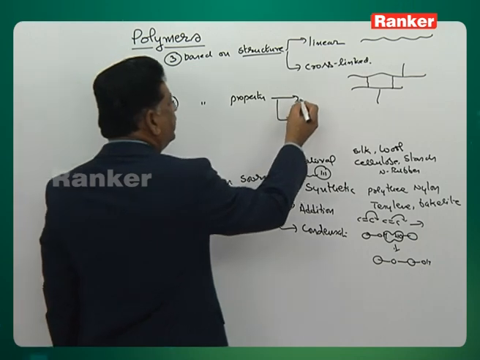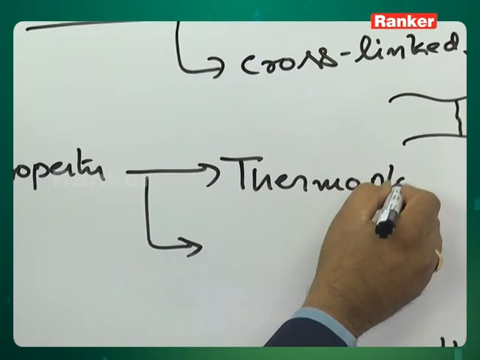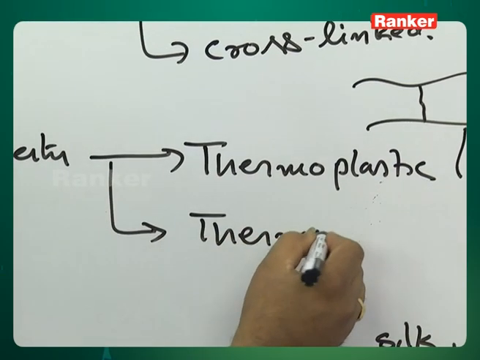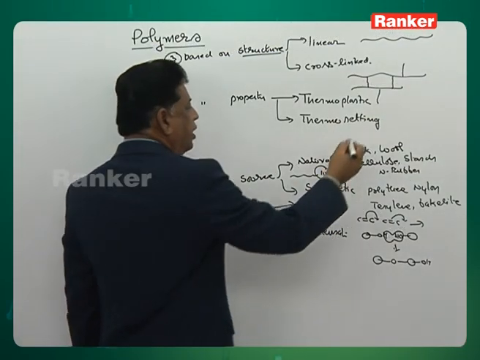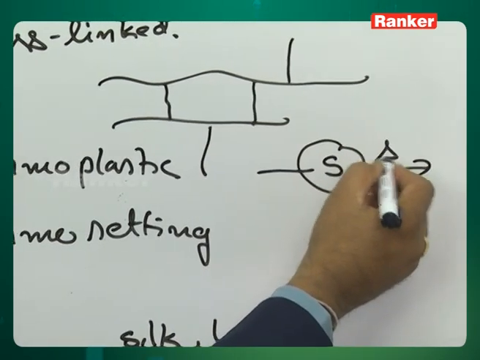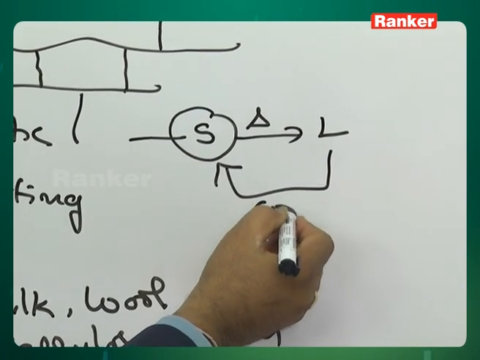That is thermoplastic and thermosetting. Thermoplastic means once a solid polymer is formed, when you heat this solid, it will give a liquid. When you cool the liquid, again you get back the solid.